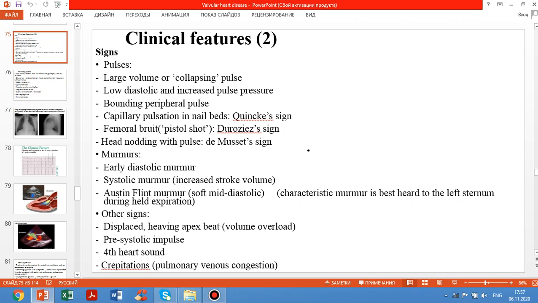Murmurs: early diastolic murmur, and a systolic murmur due to increased stroke volume, often a faint, soft, mild diastolic murmur.